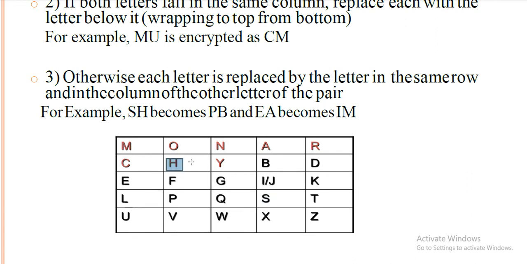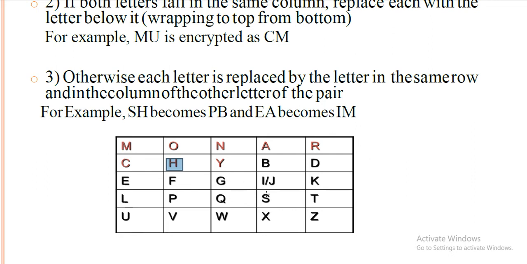So S and H are not in the same row or the same column. This is the third condition, a crucial one. If our pair of alphabets is not in the same row or the same column, how do we find the ciphertext? For that purpose we need to identify the intersection. Each letter is replaced by the letter in the same row and the column of the other letter of the pair, right?